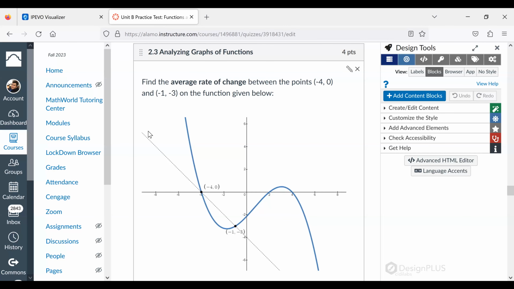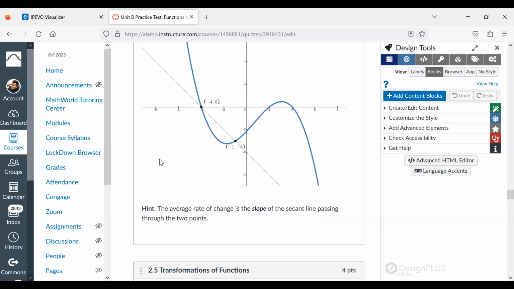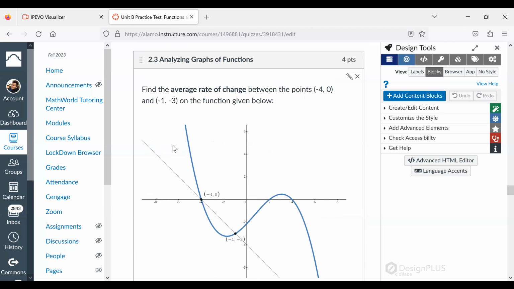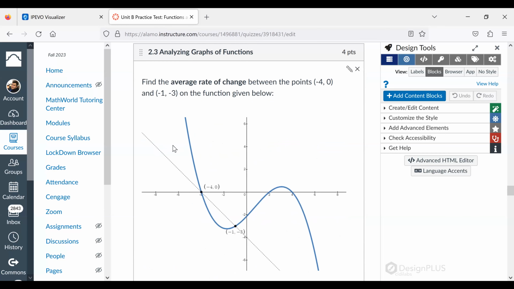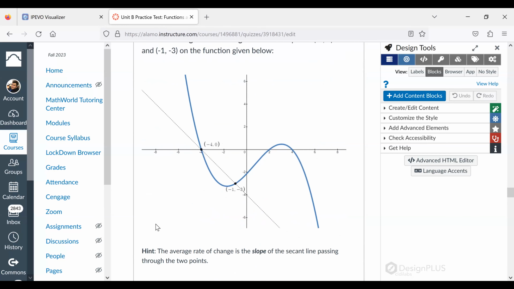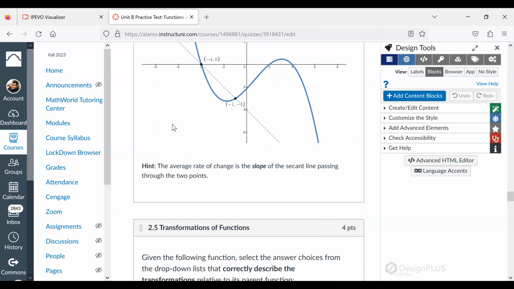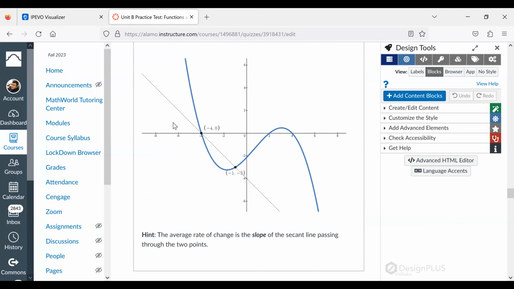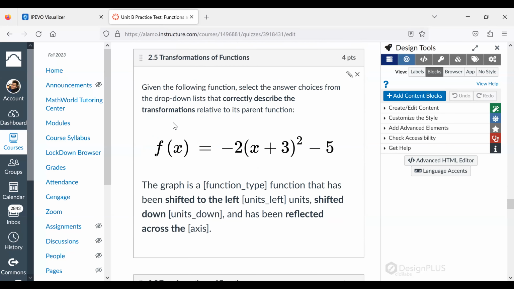They drew like a secant line. So that slope is negative. Any questions on 17? And cool, they have a hint too. Nice. Forgot about that. All right, let's move on then.